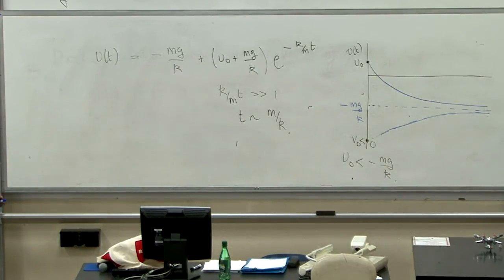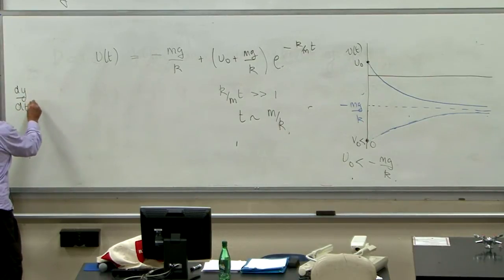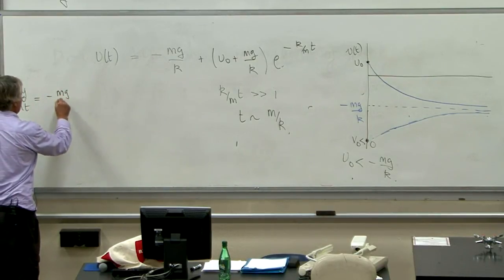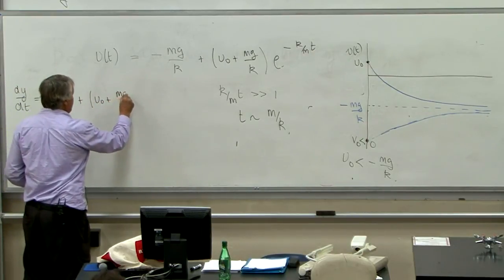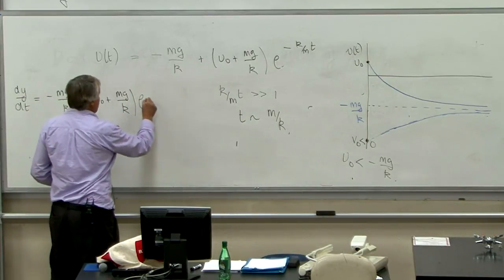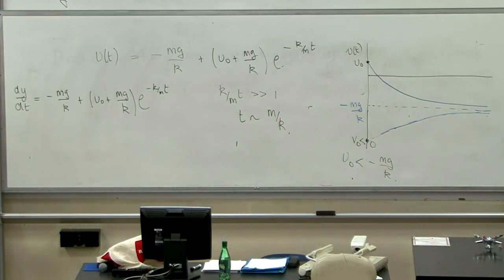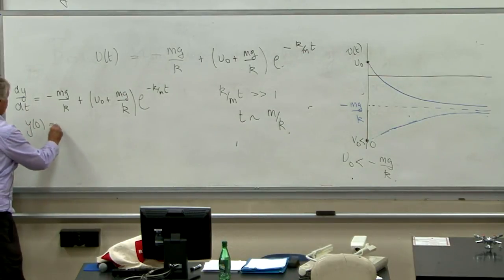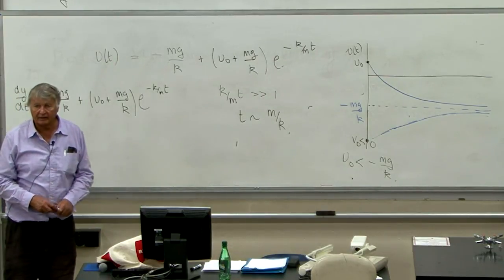How about if we wanted the position? We have dy by dt equal to minus mg over k plus v naught plus mg over k, times e to the minus k over m t. And I tell you that y of 0 is y0. This I'm going to ask you to do, and this is where we're going to start next day's lecture.